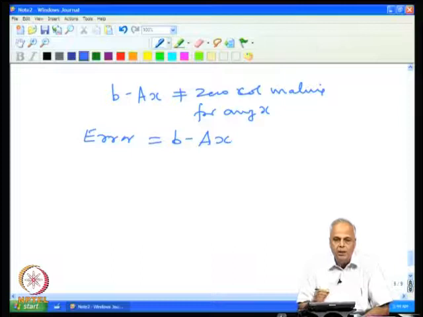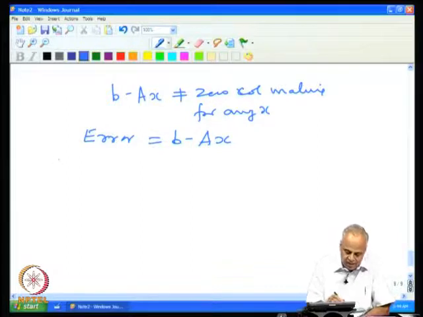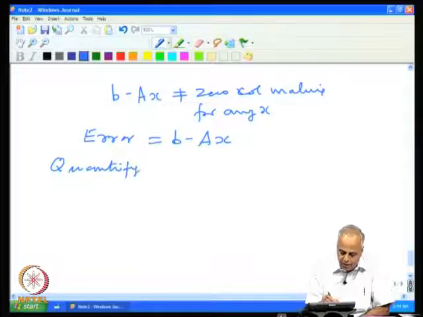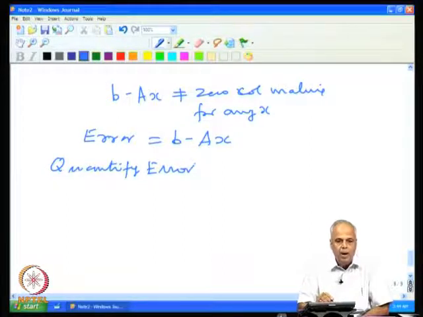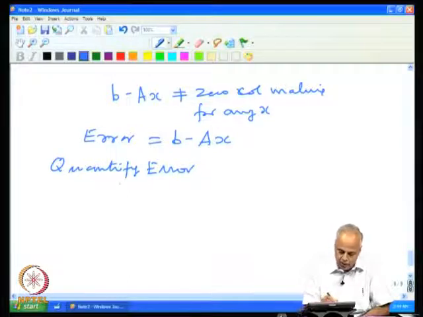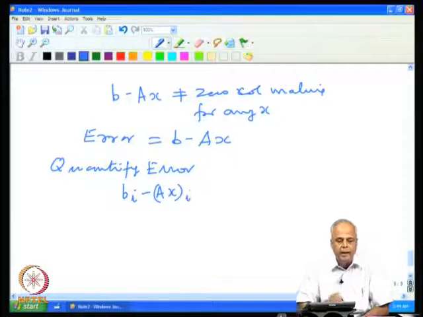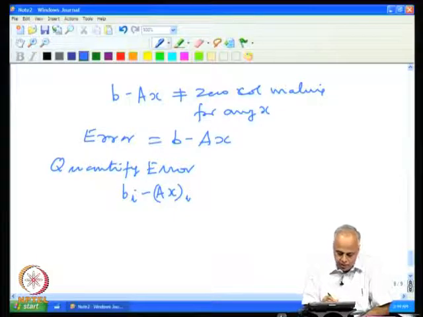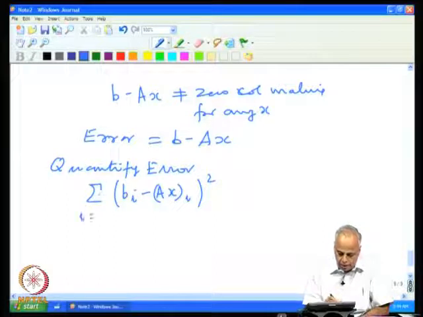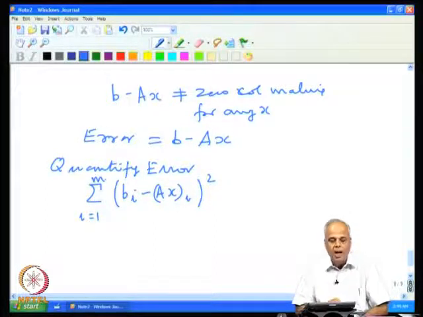Now, what is the general idea when you get error? The general idea is that we would like to minimize that error. How do I minimize this error? We quantify this error first. The error is in the form of a column matrix. We now quantify this error by a number. How do we do this? We look at the ith coordinate of the error, that is a number, take the square of that, and do this for every coordinate from i equal to 1 to m and add these.